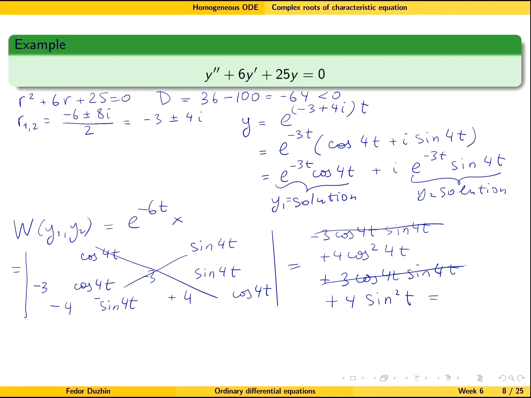Cosine squared plus sine squared is 1, so we just have 4 times e to the minus 6t, because we took it out. And we see that the Wronskian is non-zero, hence y1 and y2 are linearly independent.